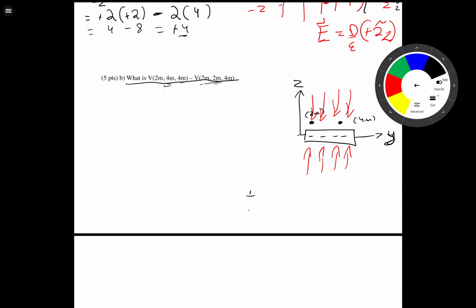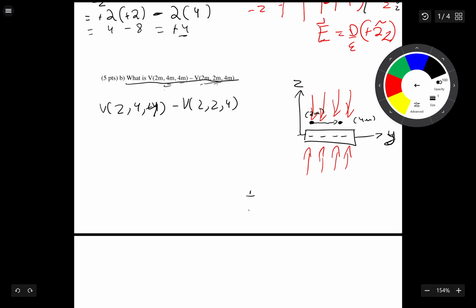Now, as we talked about before, moving my charge from here to here is going to require no work done, because this is essentially an equipotential surface. So V of (2, 4, 4) minus V of (2, 2, 4) is going to give me 0, because there is no work done.